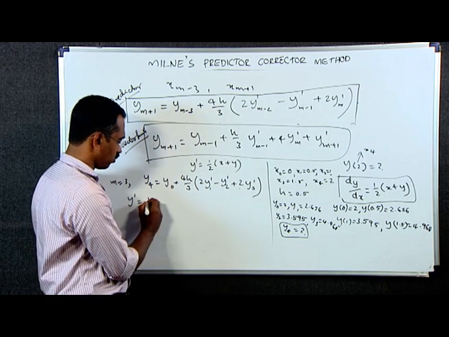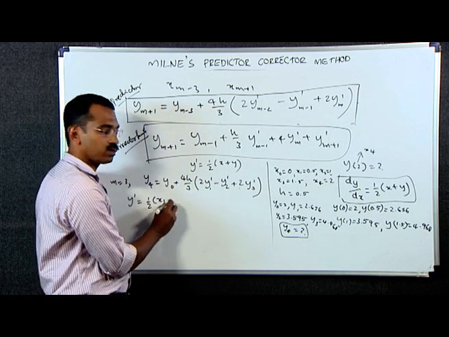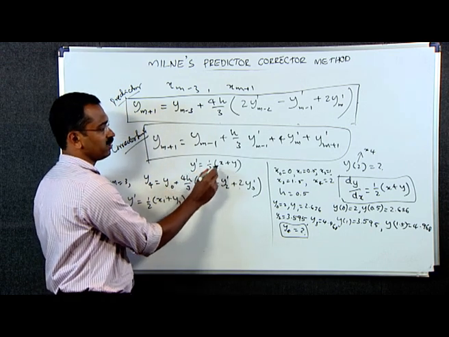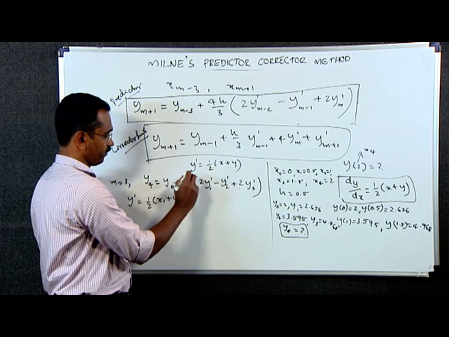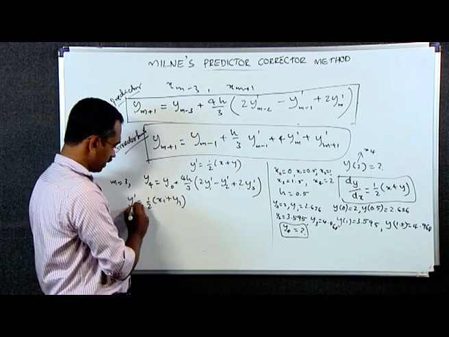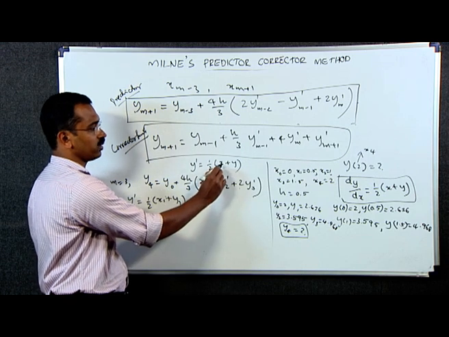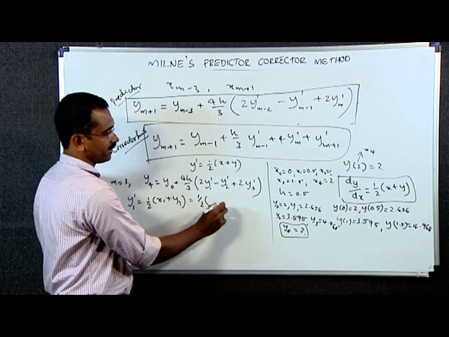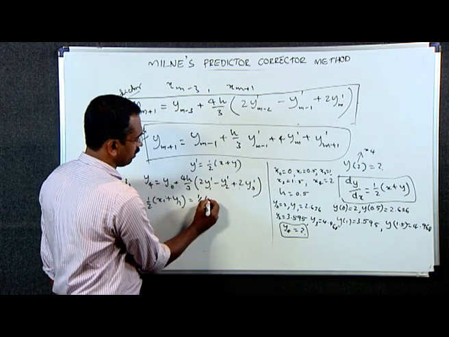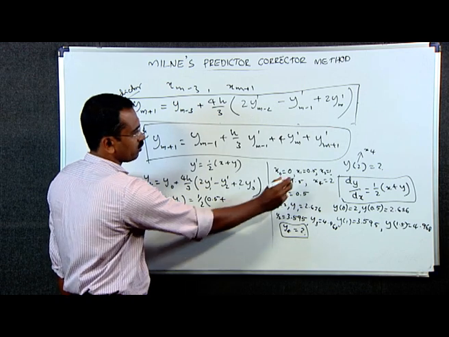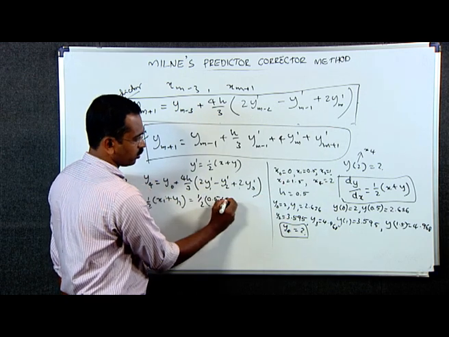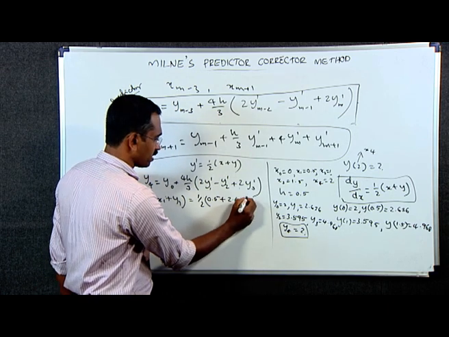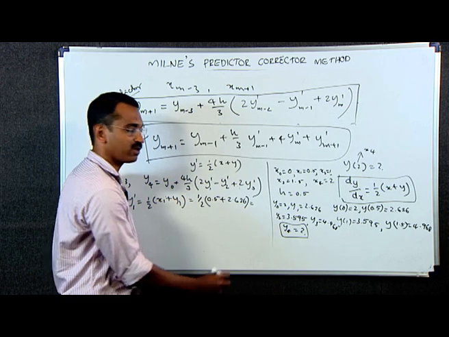We are given that y dash is equal to 1 by 2 into (x plus y). Therefore, y1 dash is equal to 1 by 2 into (x1 plus y1), that is 1 by 2 into (0.5 plus 2.636). On simplification, we get 1.5680.